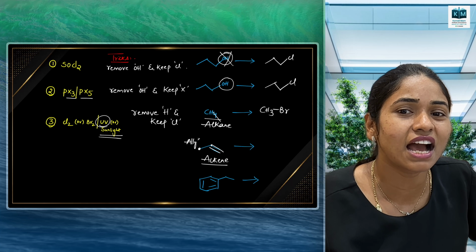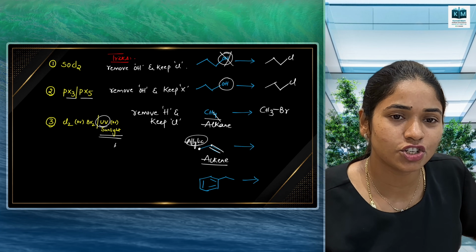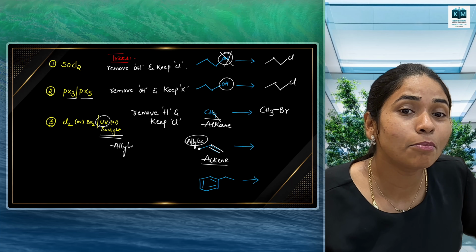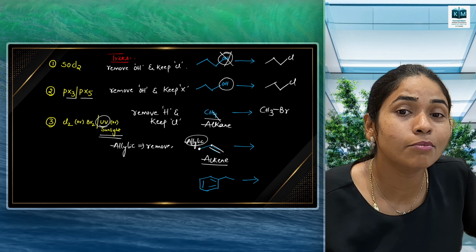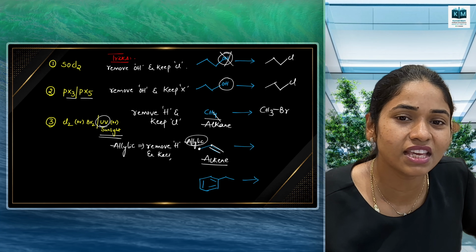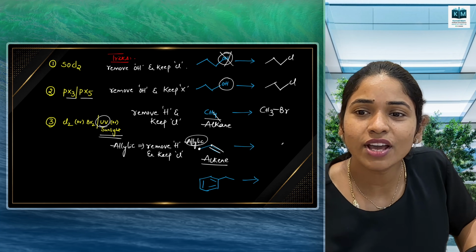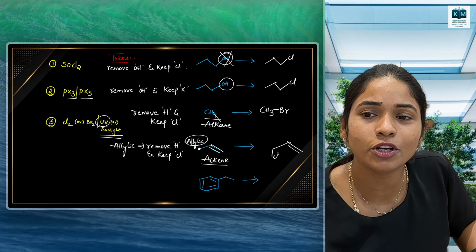This sp3 carbon is the allylic position. So in the allylic position, remove hydrogen and keep Cl. Same thing. In this place, I am going to remove one hydrogen and put Cl.